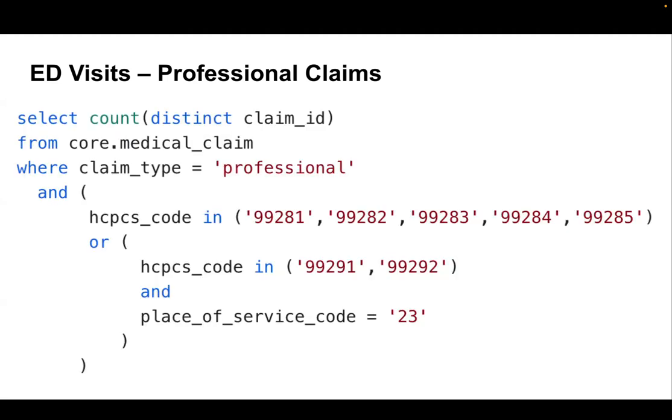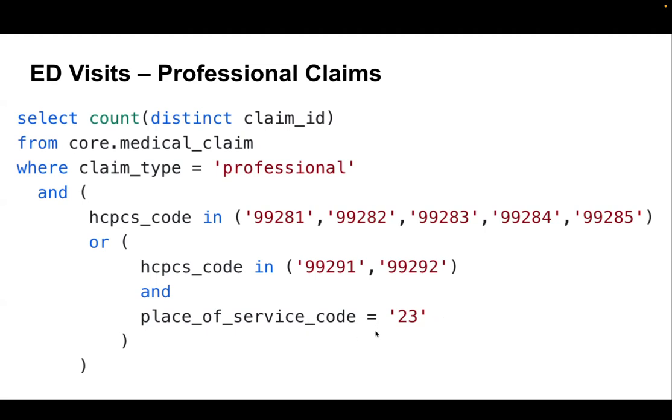Quickly, let's recap what we learned previously in the first two parts. In terms of identifying ED visits in professional claims, we use HCPCS codes. There's a standard set of 9928X emergency medicine HCPCS codes. These are E&M codes that are billed by emergency medicine physicians in an ED. But you can also see critical care codes 9929X used in the ED for really intense cases.